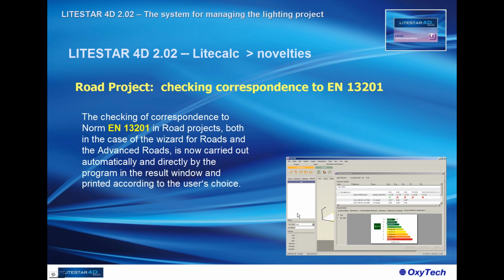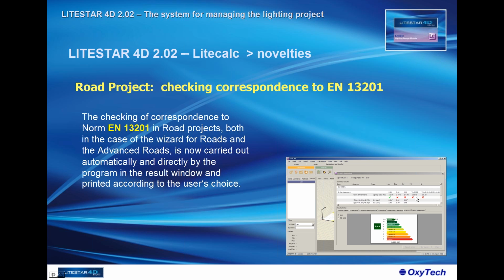It means that when we start defining the project, selecting the standard, the 13201, then we select the class, the road class. So it is automatically defined a set of values to satisfy for the overall uniformity, for the longitudinal uniformity, for the average luminance, for the TI, and for the surrounding ratio.